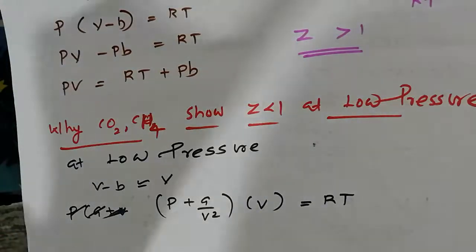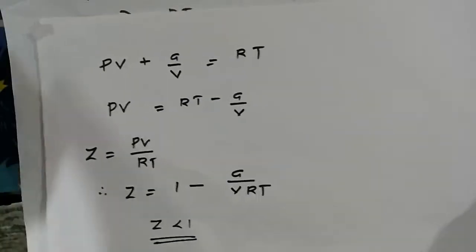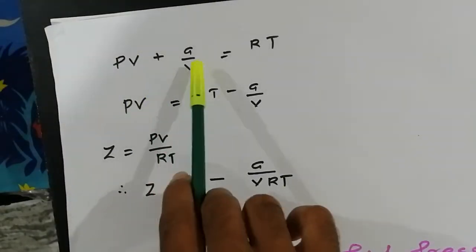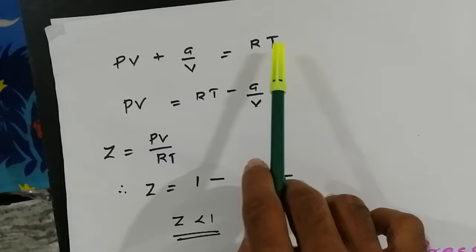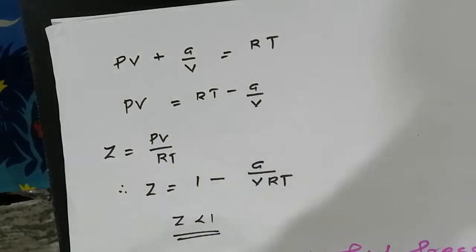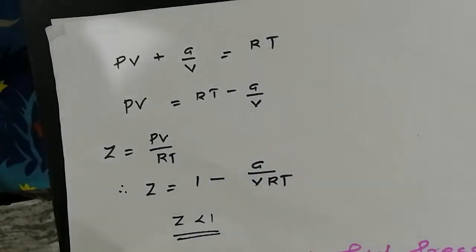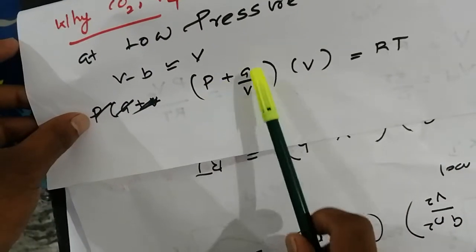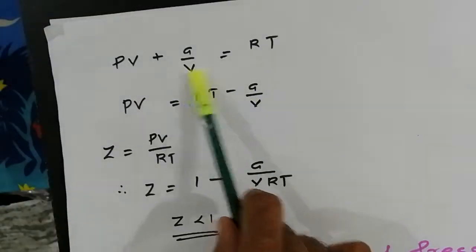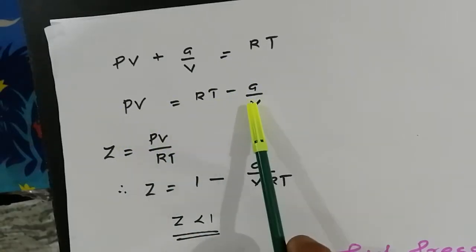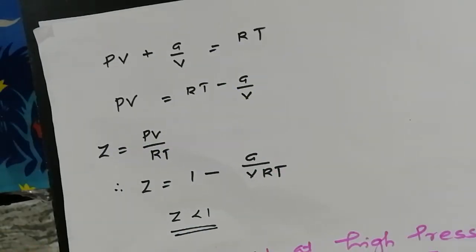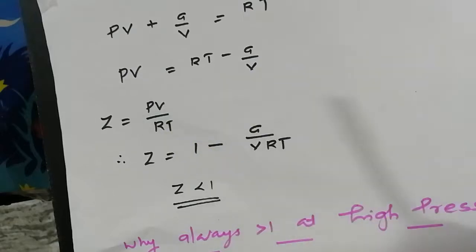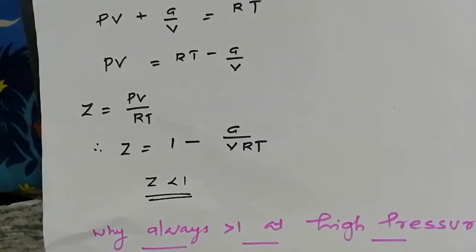Therefore, you cross multiply, you will get like this. PV plus A by V is equal to RT. Or PV is equal to RT minus A by V. Z is equal to PV by RT. You know Z is equal to PV by RT.